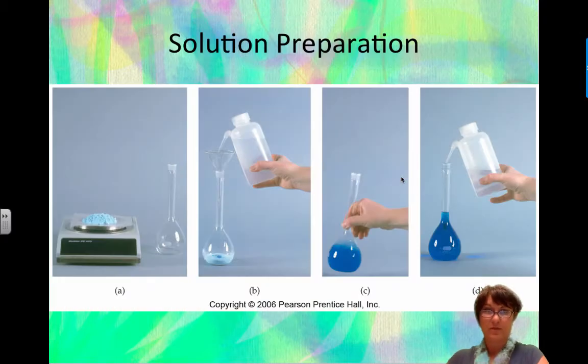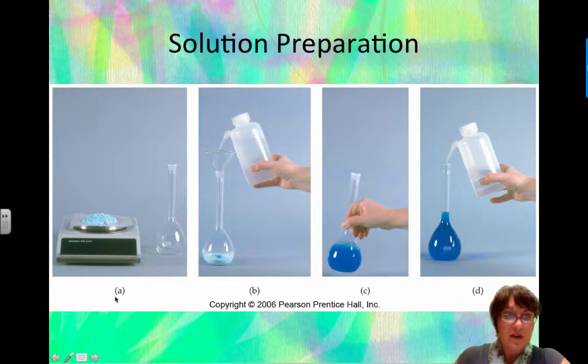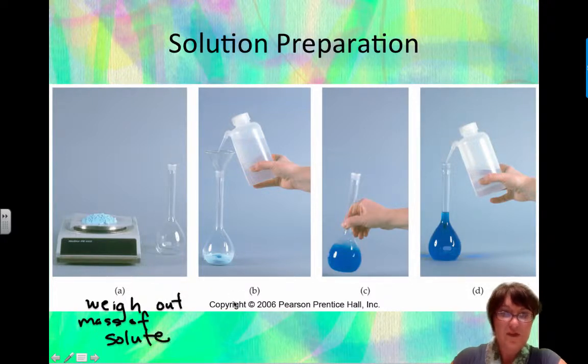Now let's talk about how to prepare a solution. Just like we did before, you could figure out how many grams you need, and then of course you're going to weigh out your moles in grams. So first step is to weigh out the mass of your solute. Then I normally have some water in the flask first.